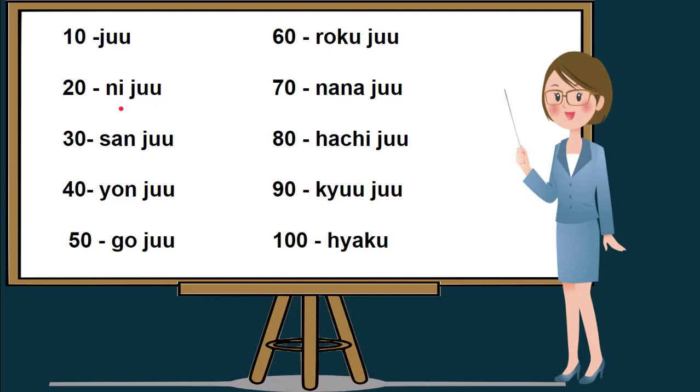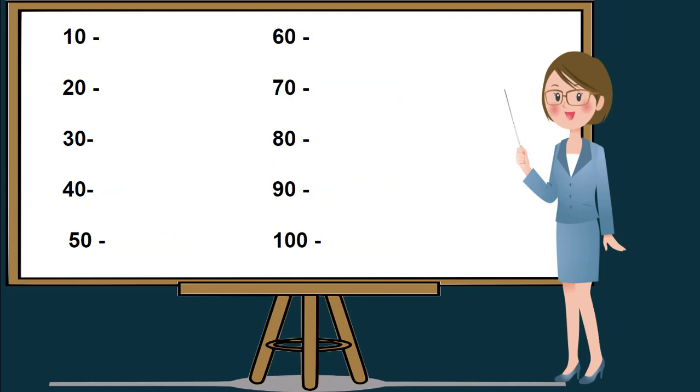Ju, ni ju, sanju, yonju, goju, rokuju, nanaju, hachiju, kyuuju, hyaku. This time, let's count without reading from 10 to 100 by tens.